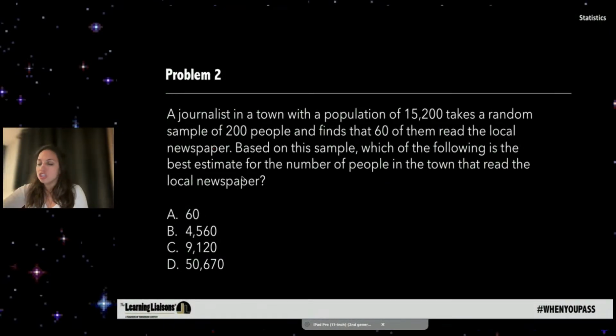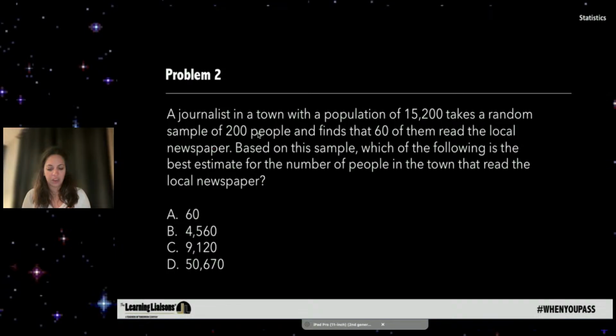All right, so we've got a journalist in a town with a population of 15,200 taking a random sample. Now, this is a very elementary version of this kind of problem. If you're a statistics person, you might know that you can't actually take a sample like that. That's not what we're looking for.